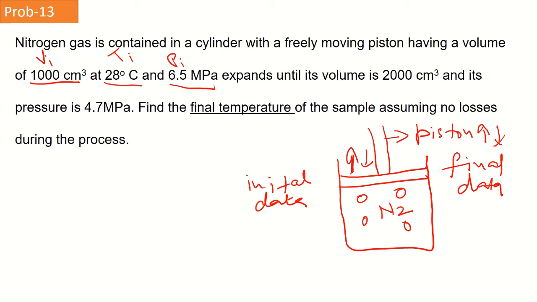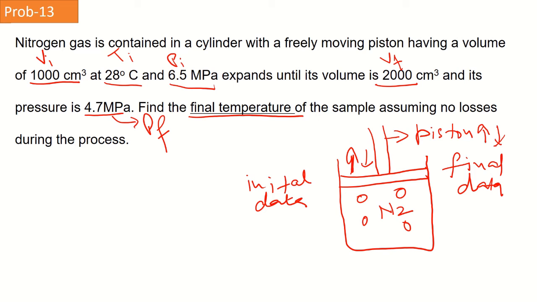It expands until its volume is another, bigger volume, the final volume, and its pressure is 4.7 megapascal, which is the final pressure. Find the final temperature of the gas, assuming no losses during the process.